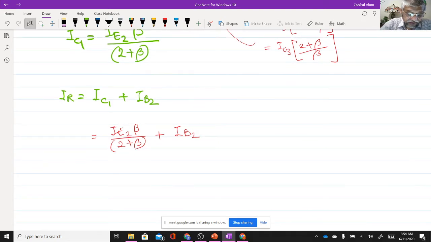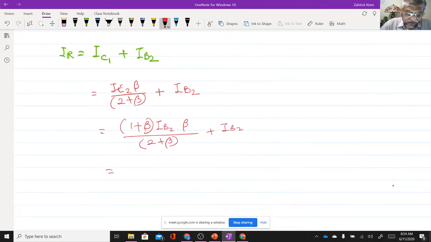So then we can simplify. IR is equal to (1 plus beta) times IB2 times beta over 2 plus beta, plus IB2.